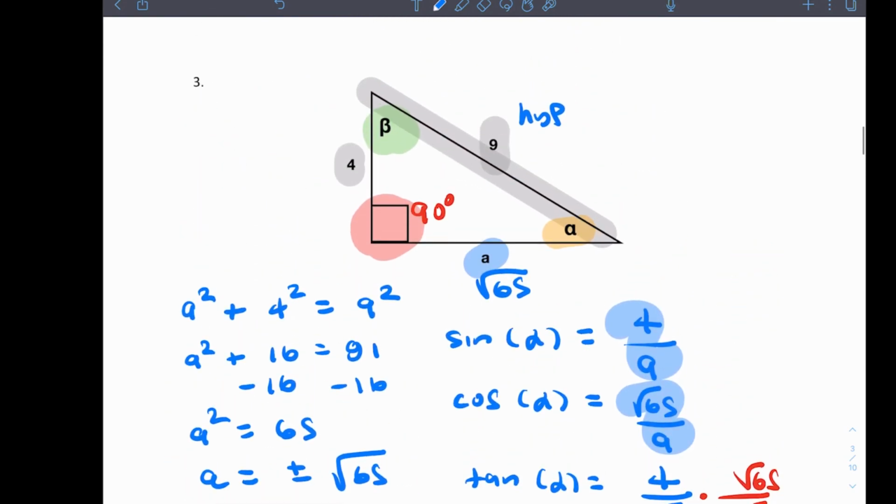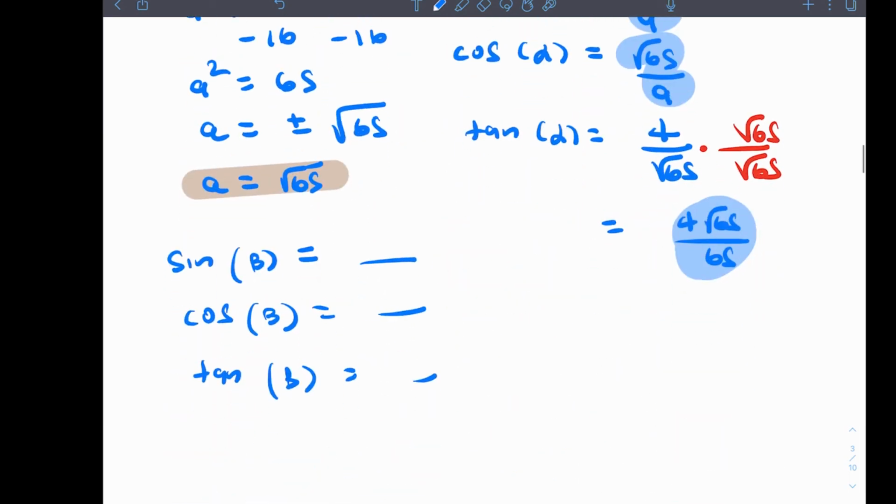So sine of beta, what's sine of beta? What do you guys think that would be? Here's beta now. So I'm going to focus now on beta. Opposite over what? Hypotenuse. The square root of 65 over what? 9. So that's by definition. Square root of 65 over 9.